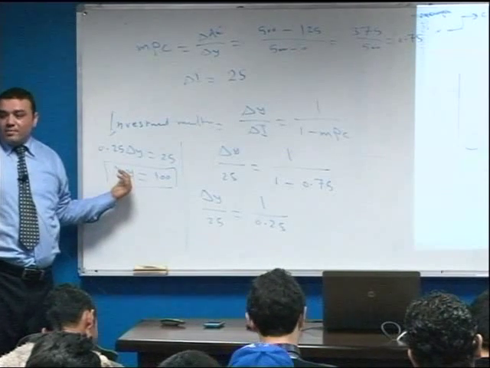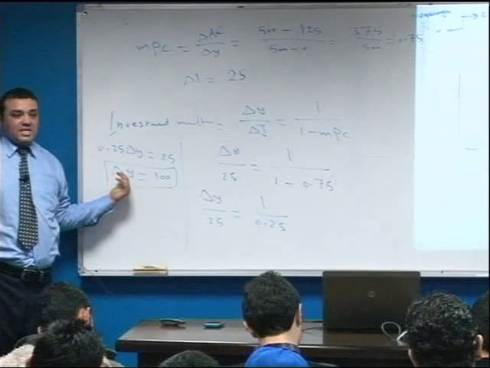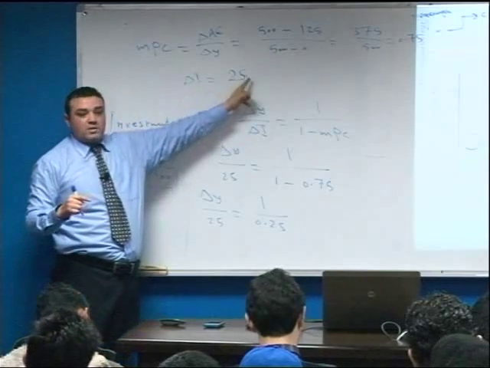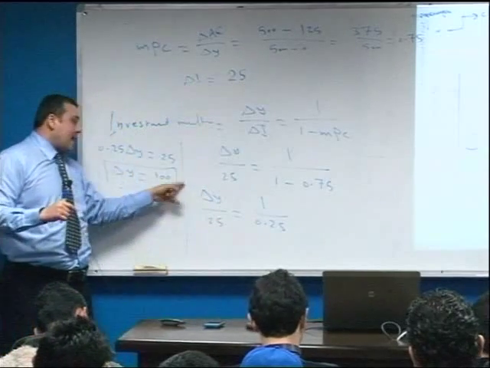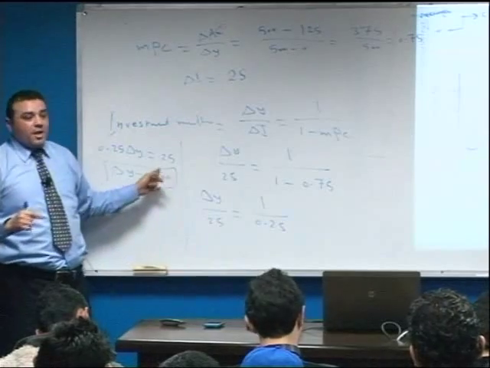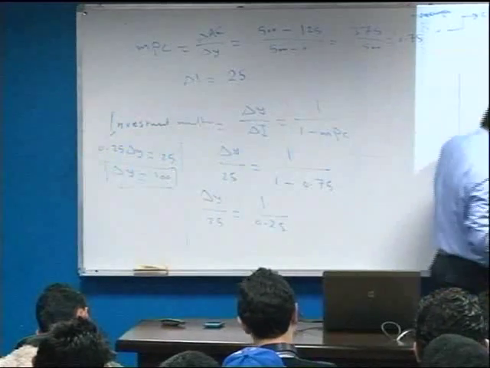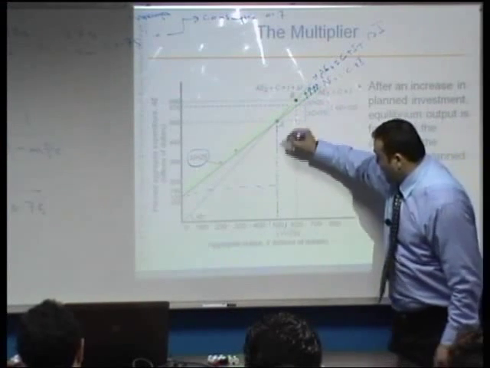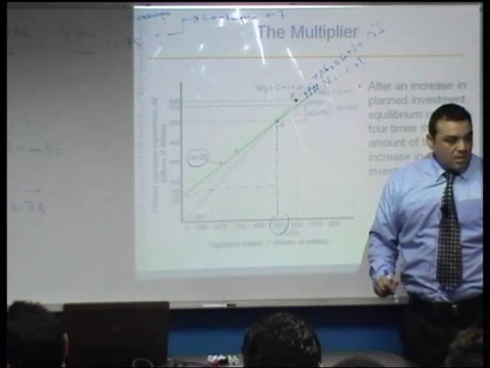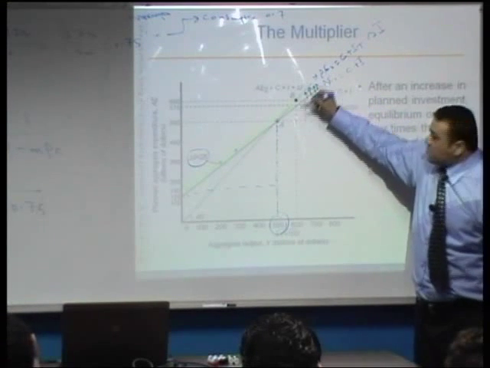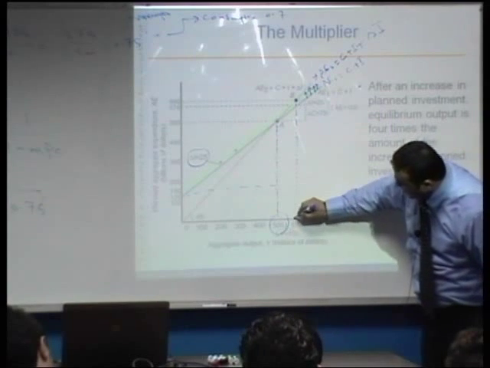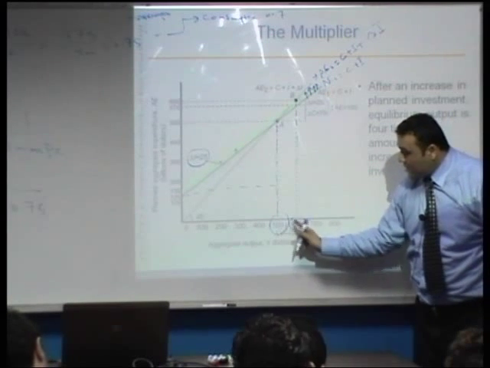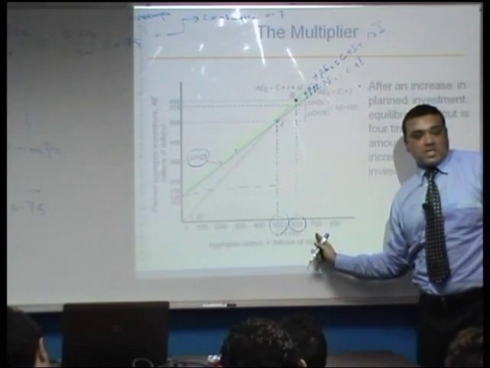This means if the business sector decided to increase its planned investment by $25 million, the aggregate output would increase by how much? 100 million. In the first case, the initial equilibrium point was $500 million. The increase in planned investment leads to an increase of Y by $100 million, so it has become 600 million, from 500 to 600.